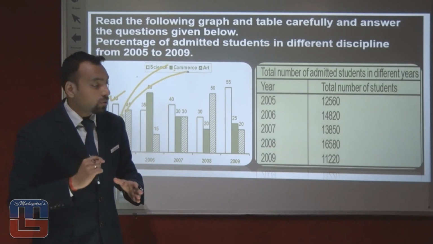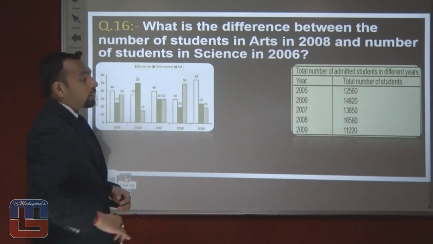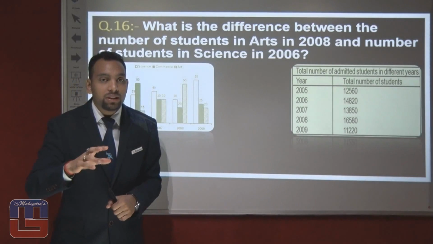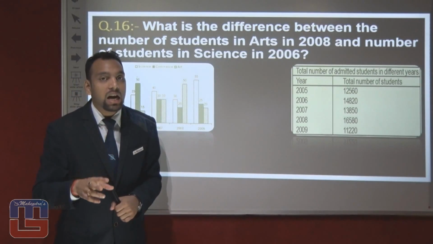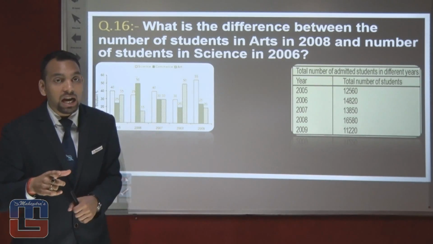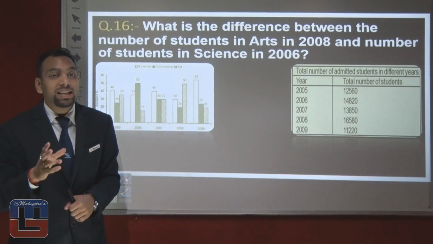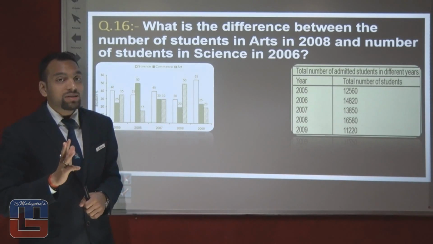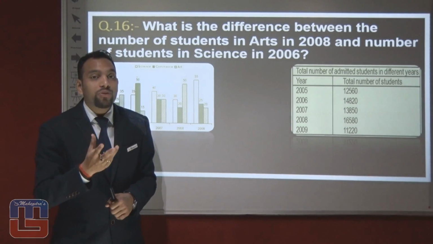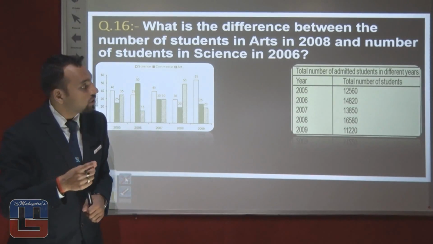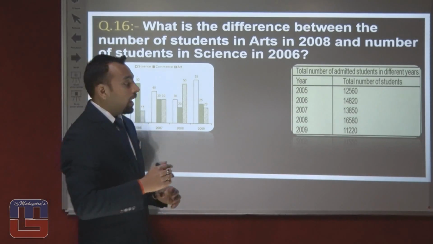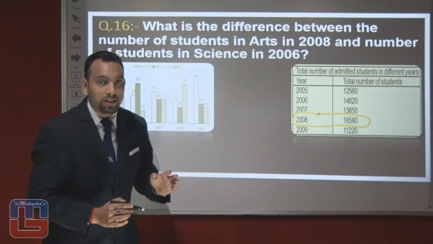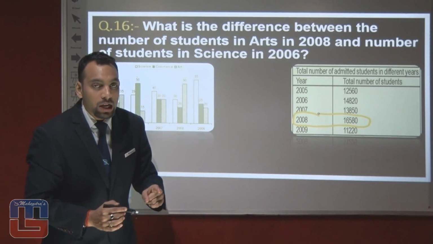Now let us take the first question. The first question on the screen is, what is the difference between the number of students in arts in 2008 and number of students in science in 2006? What the question is saying, number of students in arts in 2008. Now see, in 2008 the number of students is 16580.